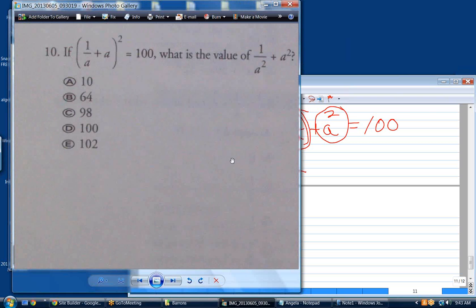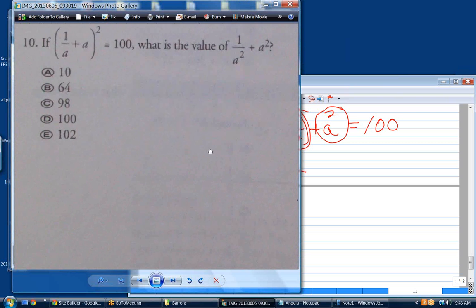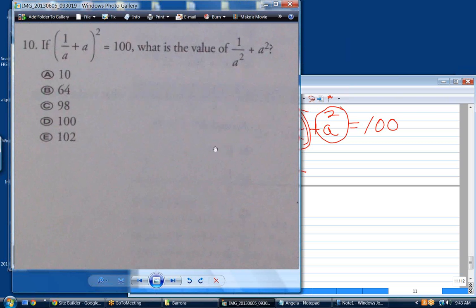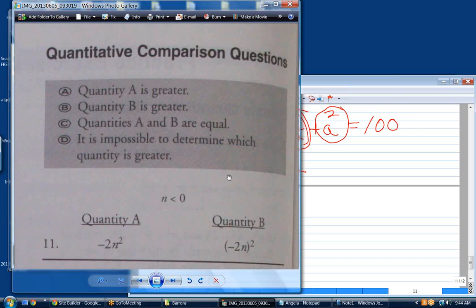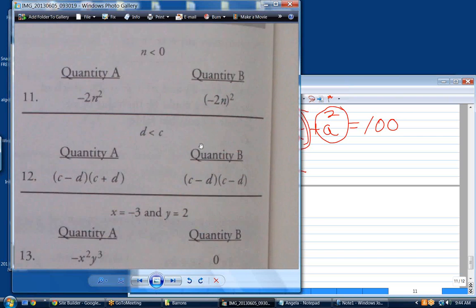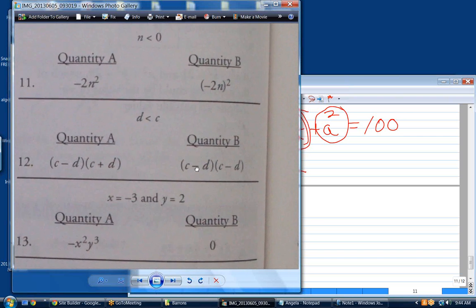Okay, and that was a case where you really do need to know how to FOIL that out in order to answer the problem. Now, it doesn't necessarily mean you had to have that memorized. You could have FOILed it outright. But in general, I think it speeds things up if you have that memorized.